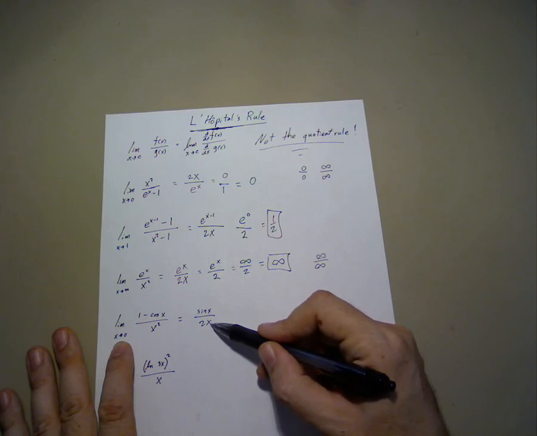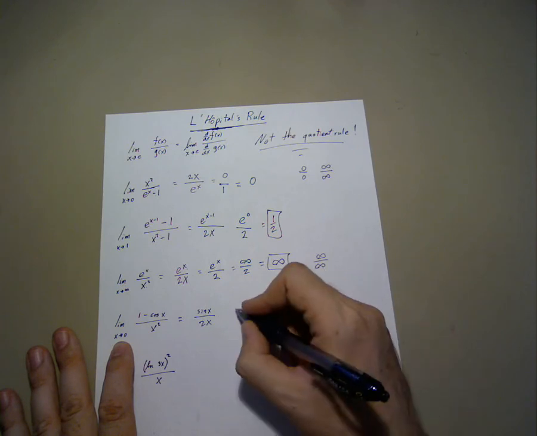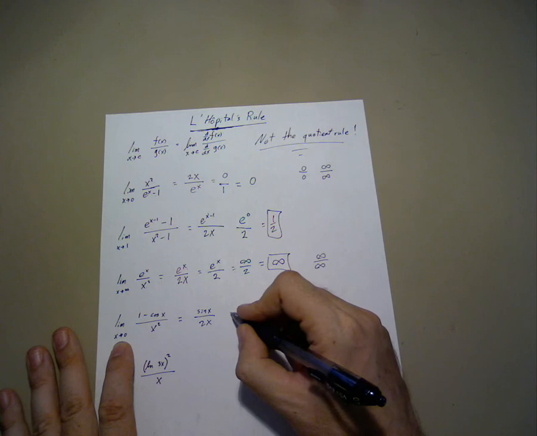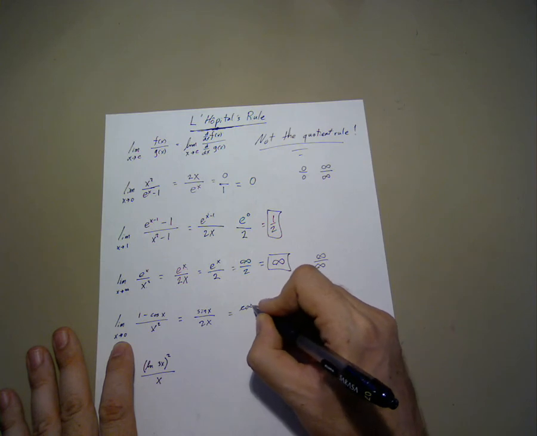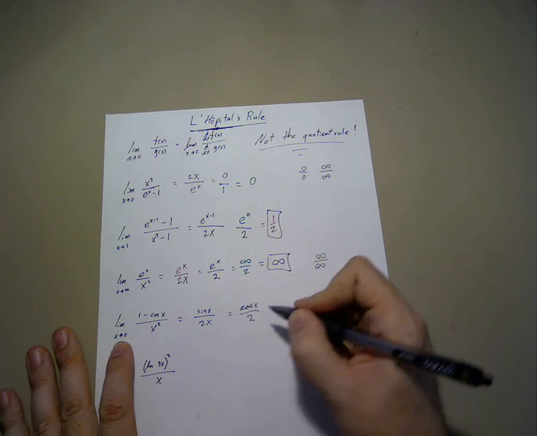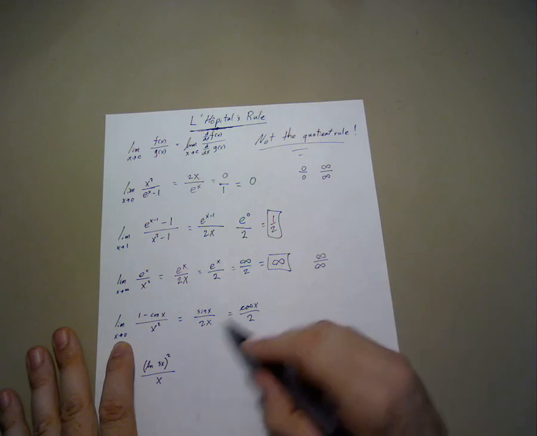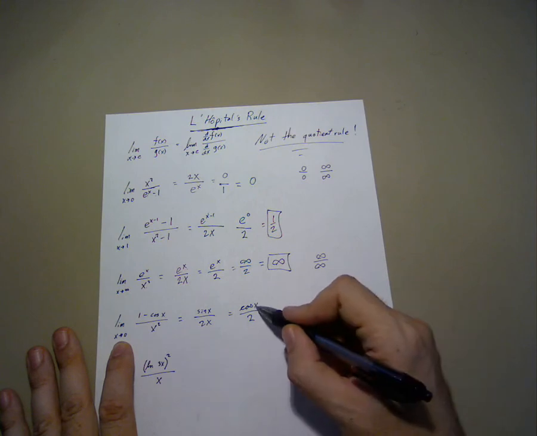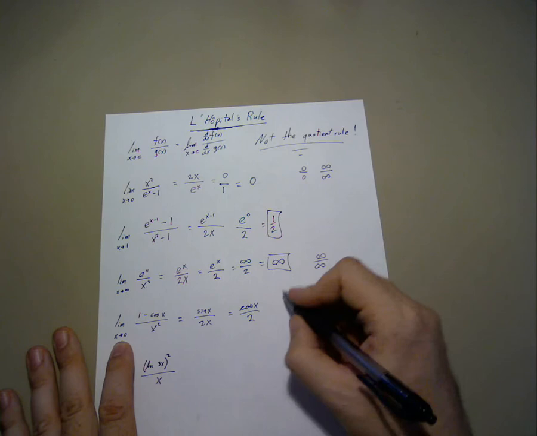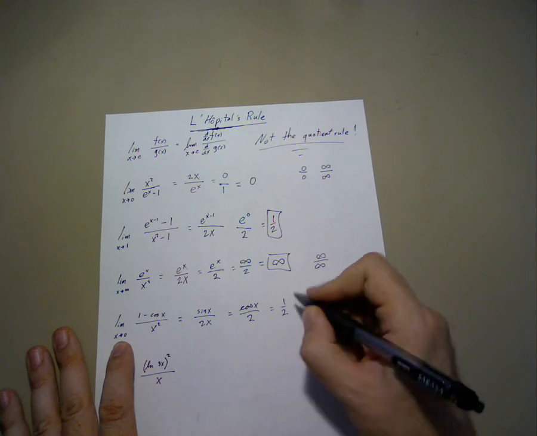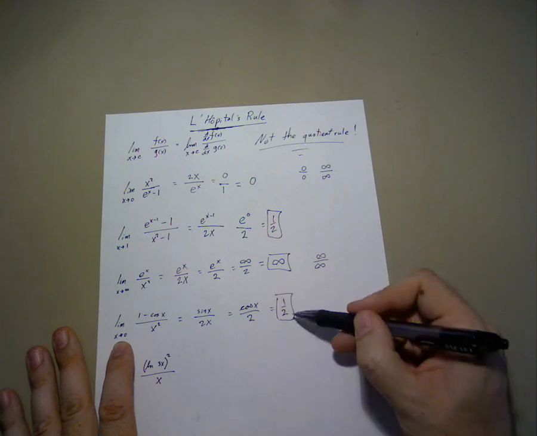As x goes to 0, sine x over 2x is still a 0 over 0 form. If we apply the derivative again, we get cosine x over 2. As x goes to 0, cosine x becomes 1. Hence, our limit is 1/2.